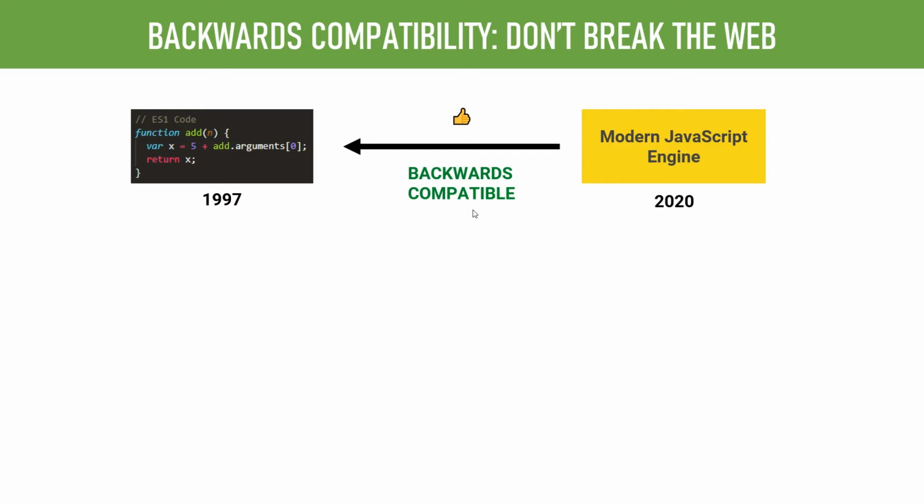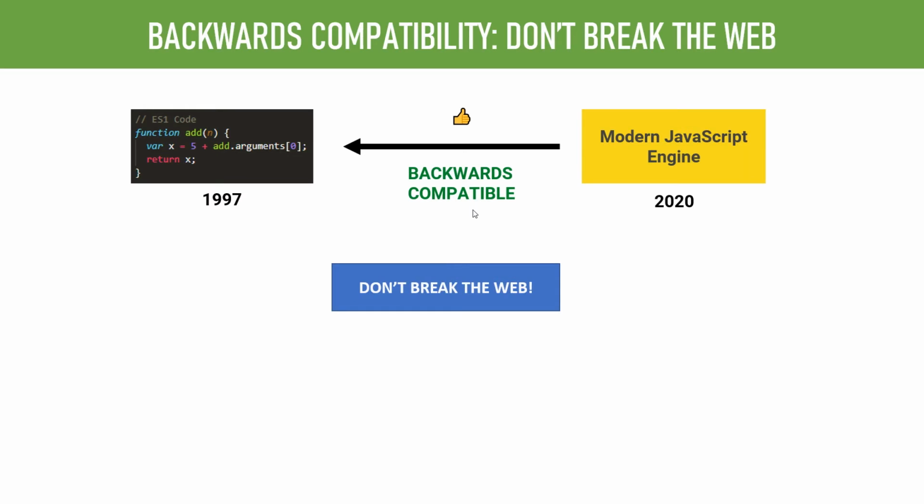So again, the JavaScript engine that's in our browser today is able to understand old code written 25 years ago without having to rely on version numbers or anything like that. It just works. And it works this way because of the fundamental principle that's baked into the JavaScript language and its development, which is to not break the web.